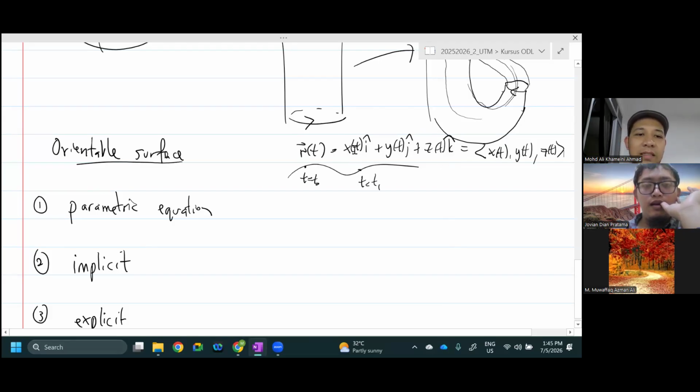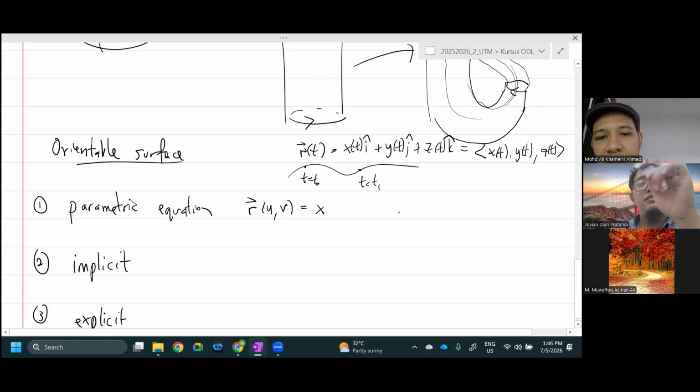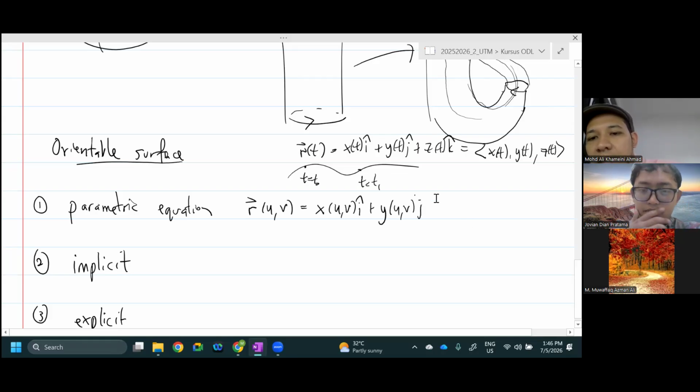Similarly, you can represent a surface using this parametric equation. But now instead of only one variable, you need two variables. As I mentioned before, you can understand a surface as a two-parameter equation there. So let me write it here as follows. I have r(u,v) equal to x(u,v) i plus y(u,v) j plus z(u,v) k.